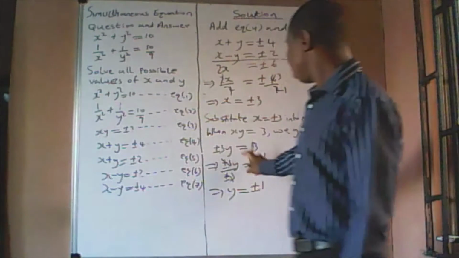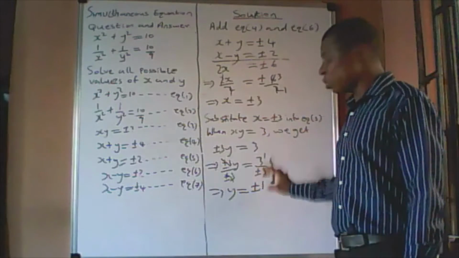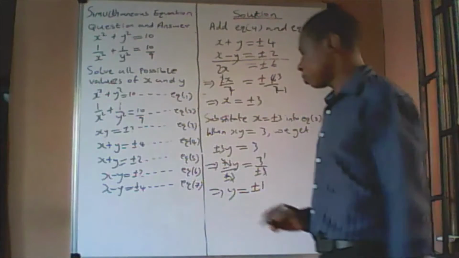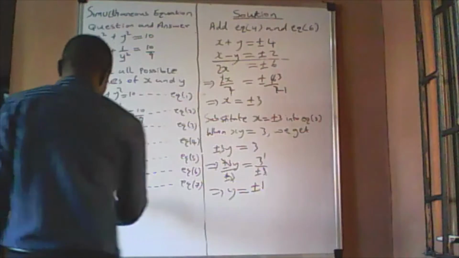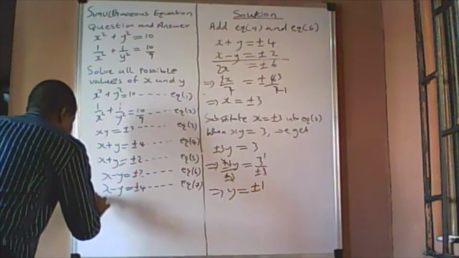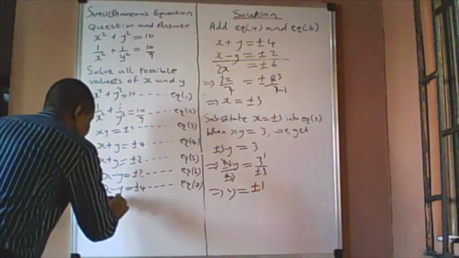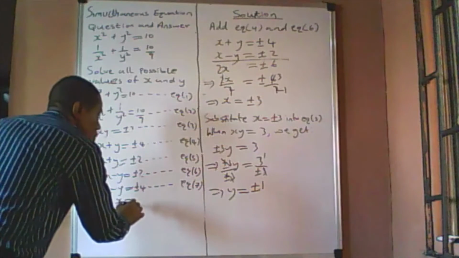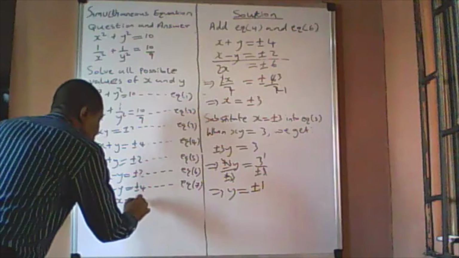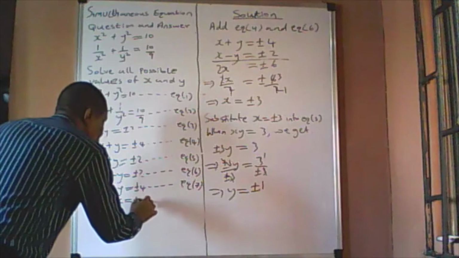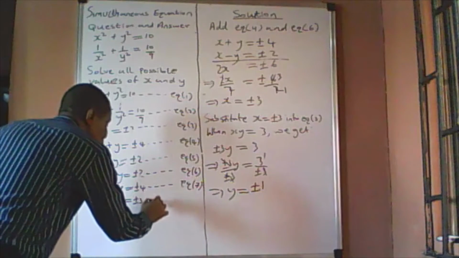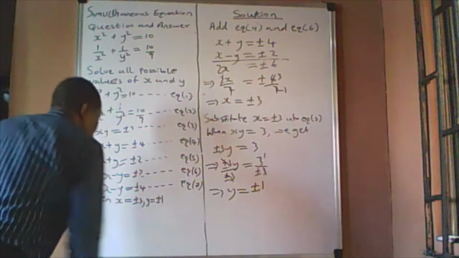That is our value. We write here: when x is equal to plus or minus 3, y is equal to plus or minus 1.